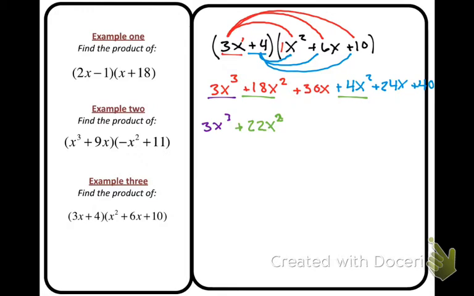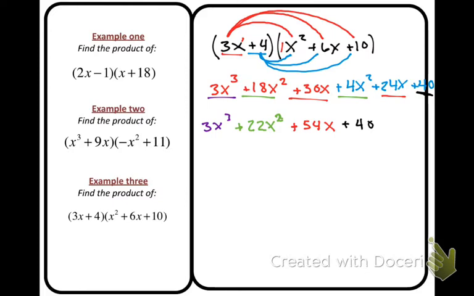And now we look for x's. We have 30x here, and we have 24x here. That gives us 54x. And the last thing we have is that constant on the outside, that 40. So we have plus 40.